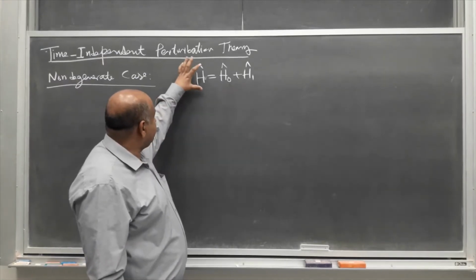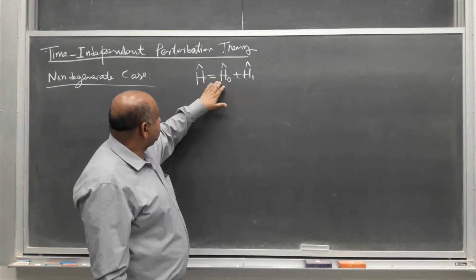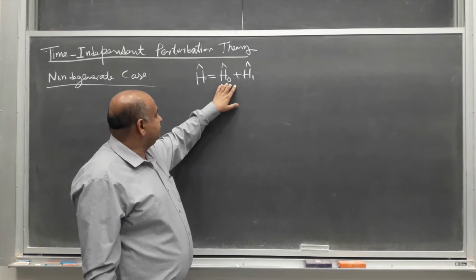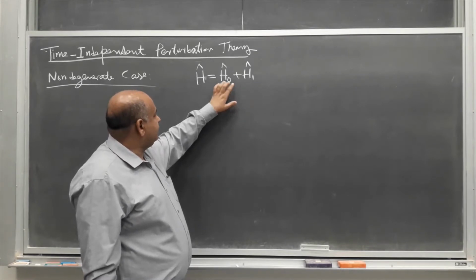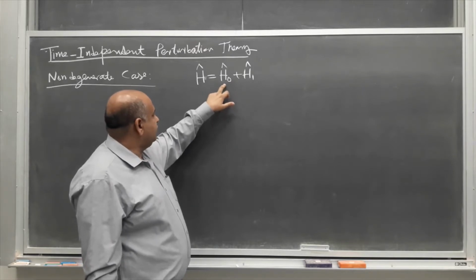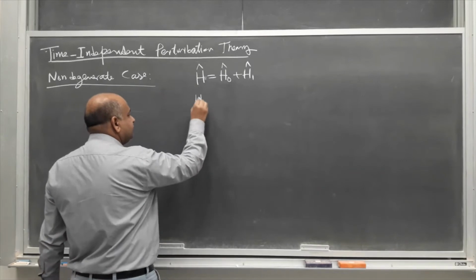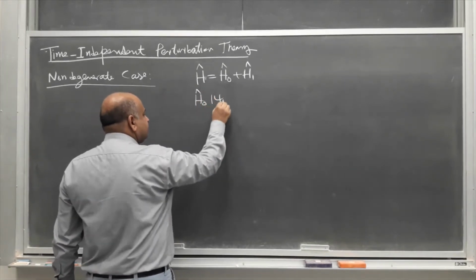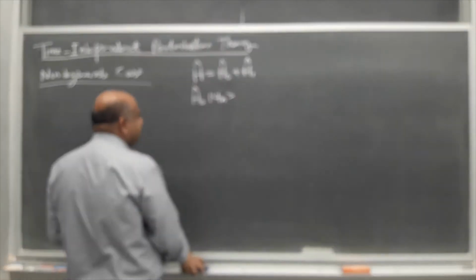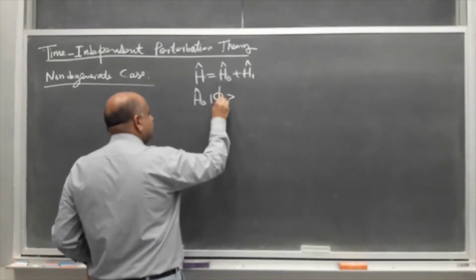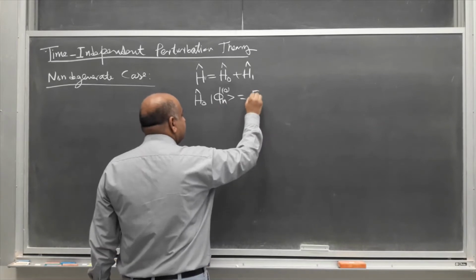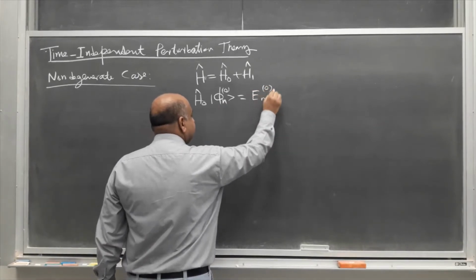However, if we break our Hamiltonian into two parts, where one is a part for which we can solve the system exactly, then we can find the exact energies and eigenfunctions for this Hamiltonian. Let me use the symbol phi for this. Let me call these solutions phi n 0 of this H naught Hamiltonian with energy spectrum E n 0.